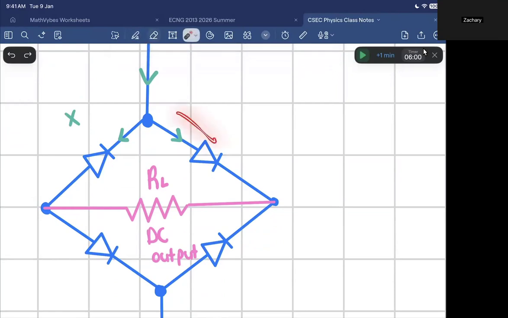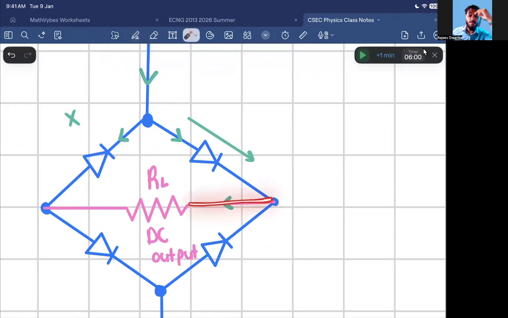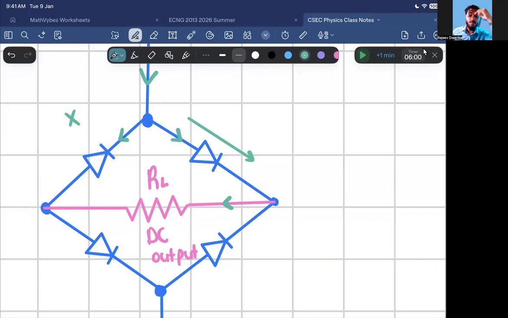Yes. So that current flows and goes to the load, because you're hooking up the load over here. Imagine you wanted to charge a battery: you hook up your battery to these terminals. So can we see that it is conducting current during the positive half cycle?